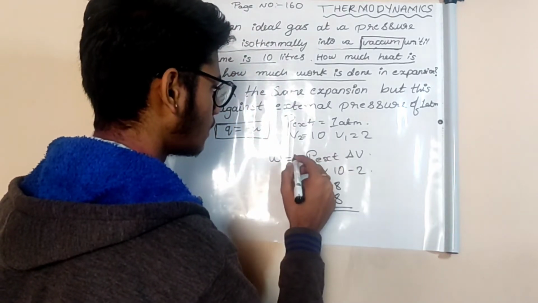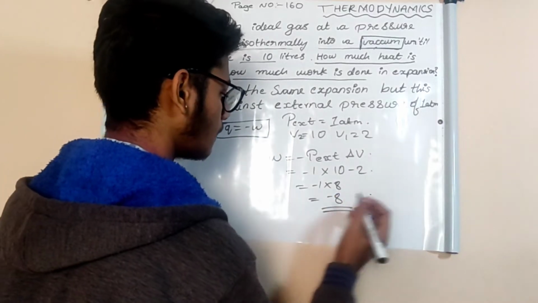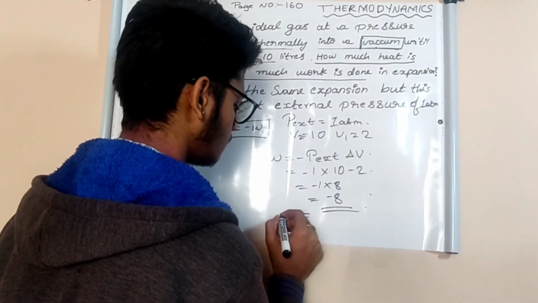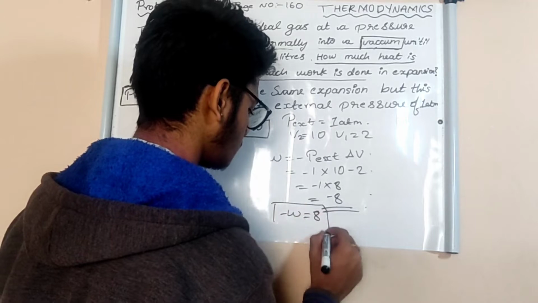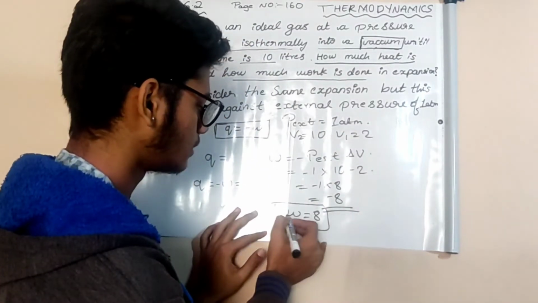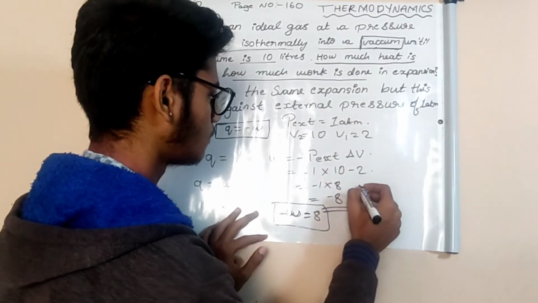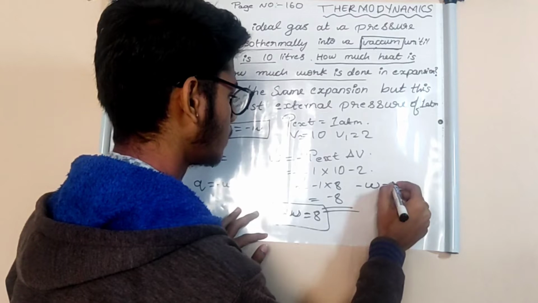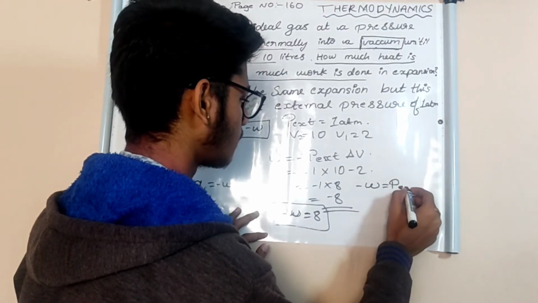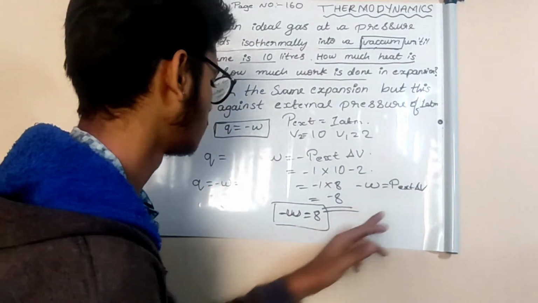So what is the work done? Minus 8. You can write the formula as minus W equals P external delta V. Work done cannot be negative, so then how will you write this?